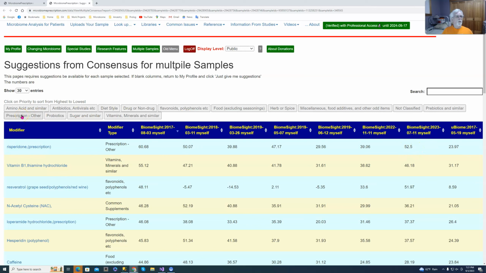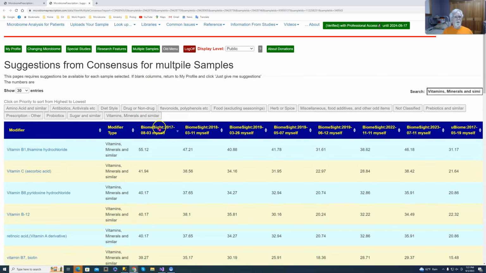So you can do things. If you want to look at something like vitamins and minerals, you could say, okay, what was the highest item back in 2017? And that was vitamin B1, and vitamin B1 has stayed consistent across the board as being a recommendation.